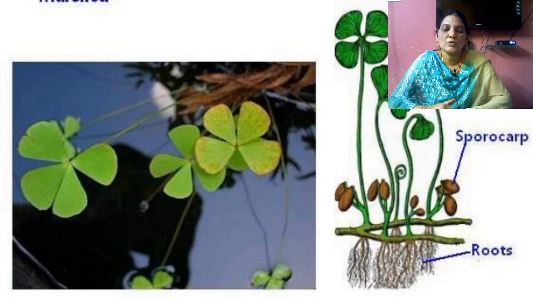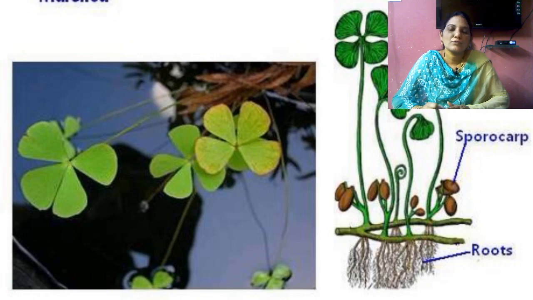The rhizome produces long aerial leaf petioles, and each leaf petiole has 4 leaflets, and the young leaf petiole forms circinate venation, and at the bottom of the petiole the sporocarp is also present. The sporocarp participates in sexual reproduction.